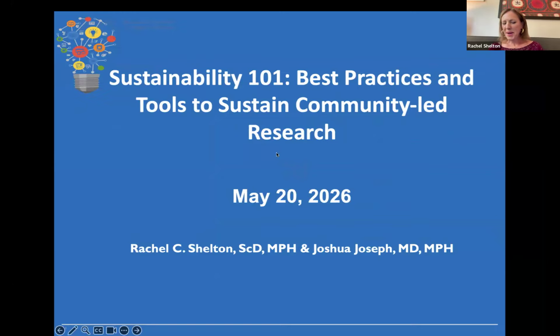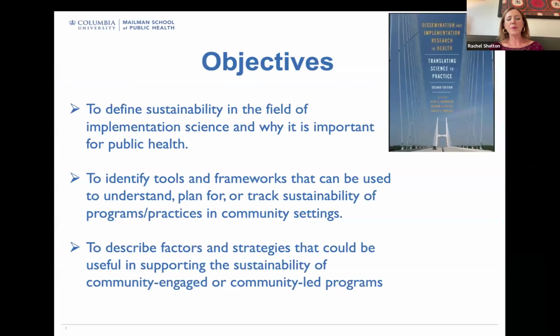This is a topic I'm very passionate about, so it's hard to fit it in this short amount of time, but I am always here to chat or for more resources. Okay, so big picture, the goal today is to define sustainability, especially in the field of implementation science, and why it's critical for public health.